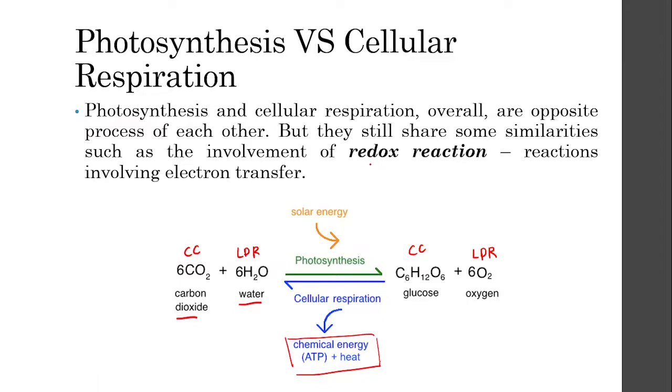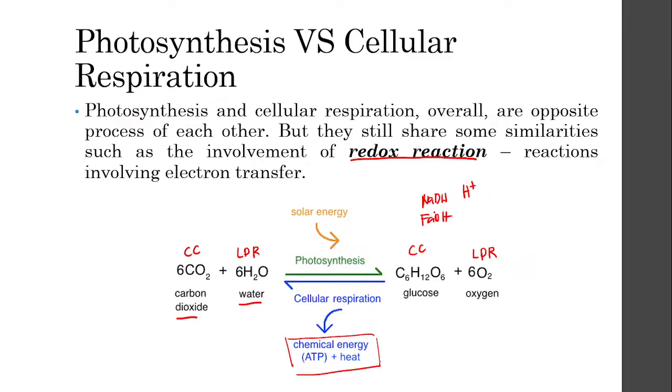And all of this happens via redox reaction. If you guys remember redox reaction, the oxidative phosphorylation, wherein you have your NADH and your FADH2 in your cellular respiration donate their electrons, their H plus, and then you create the H gradient, wherein it goes to ATP synthase, and that gradient goes through the ATP synthase to create ATPs.